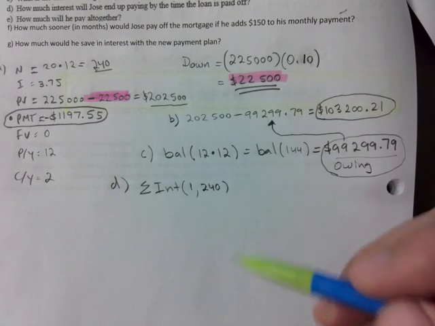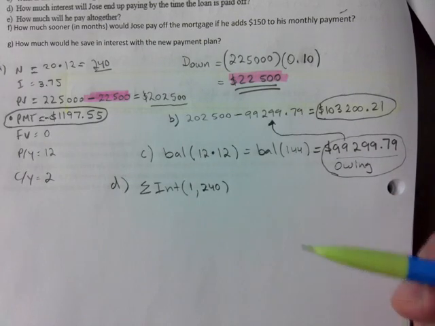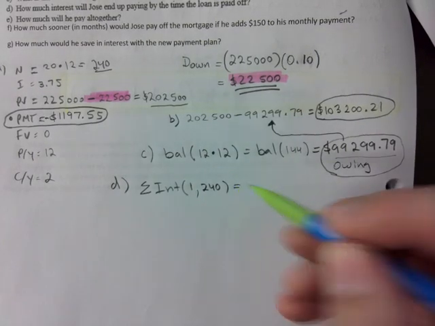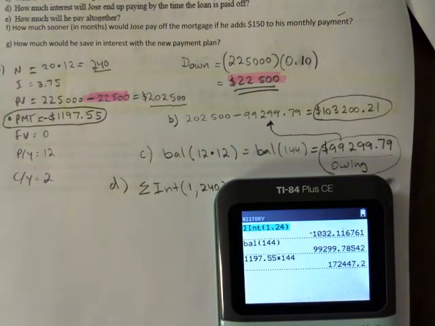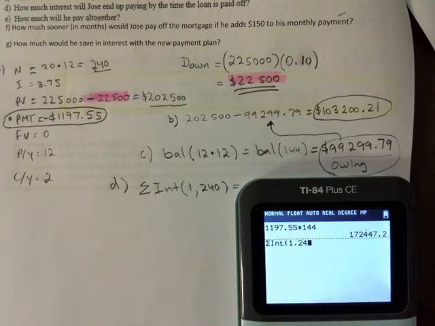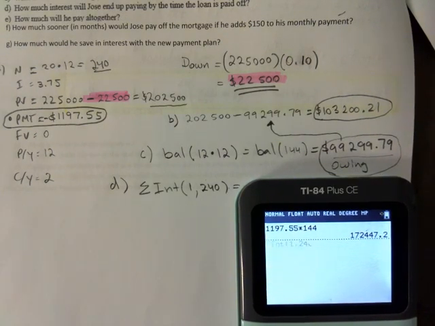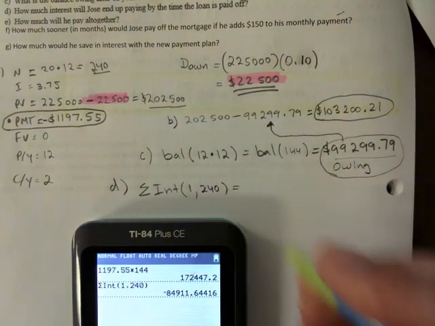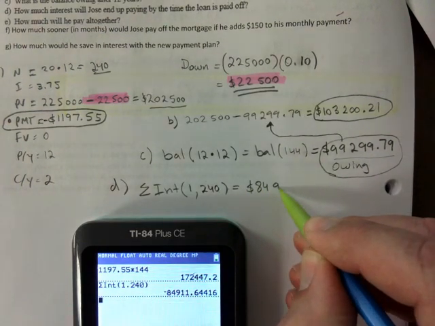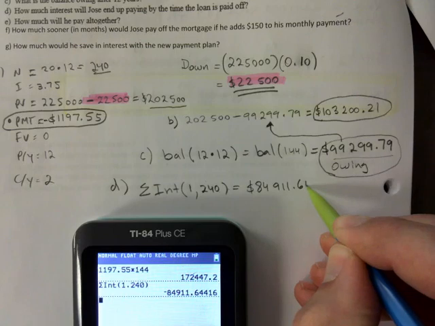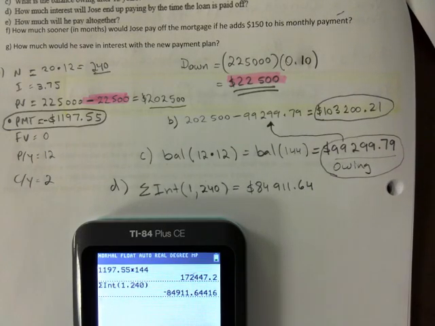Or you can go 20 years times PY, that's still 240, right? And so we can use that. I'm pretty sure I used sum of interest before, so I'm just going to copy paste. Okay? And then you have 84,911 and 64 cents.